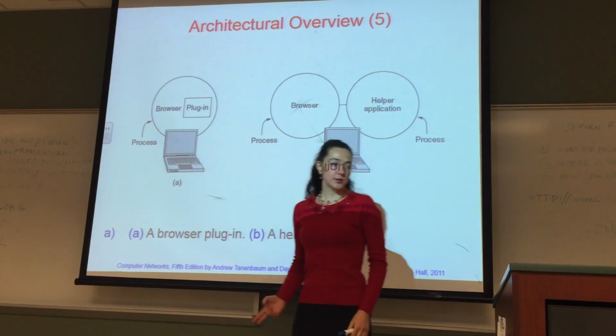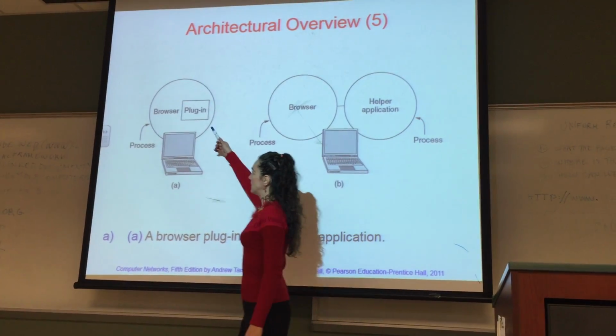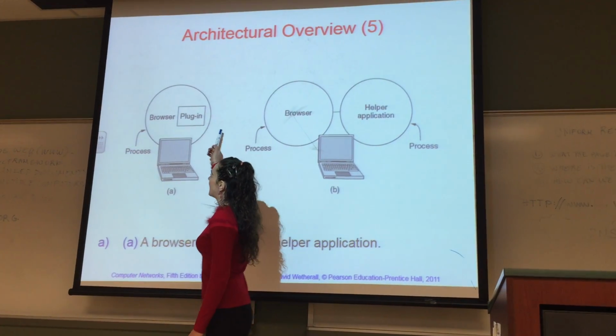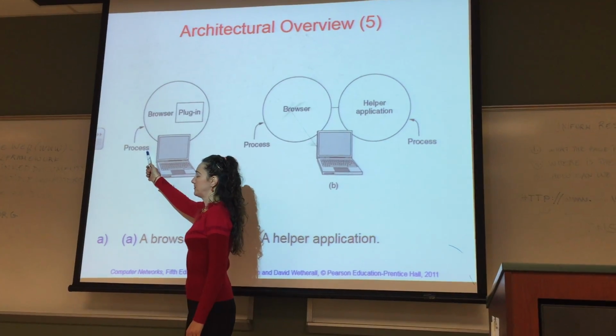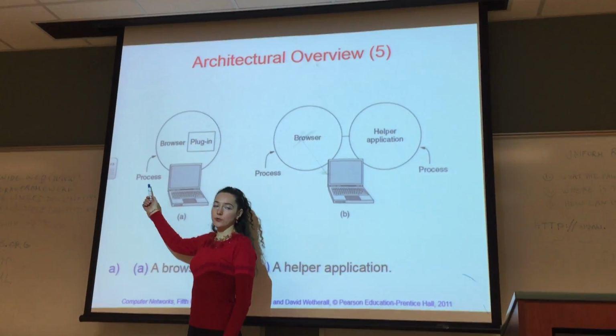So there are two ways to do that. Either additional logic in the form of a plugin is loaded inside the browser process. You guys remember what a process is?